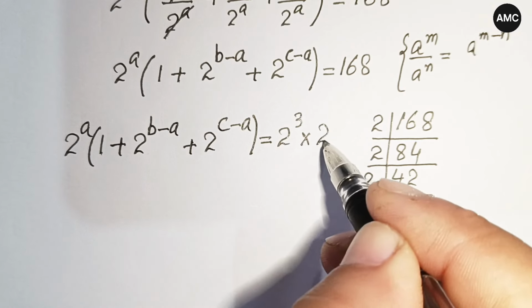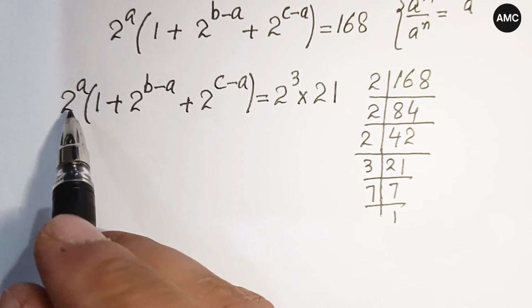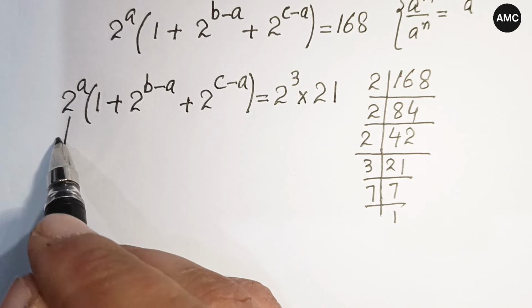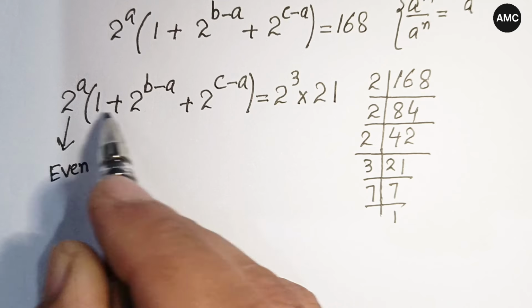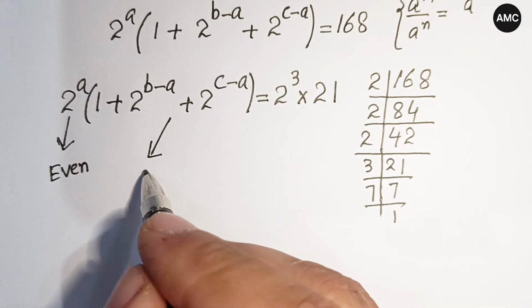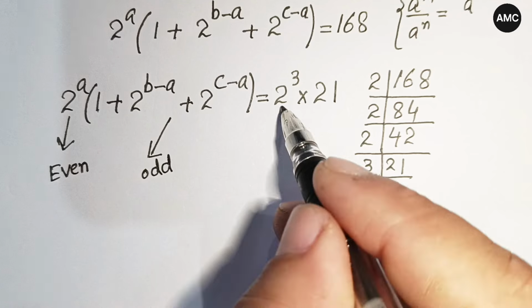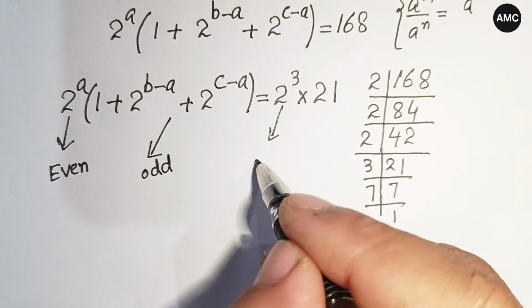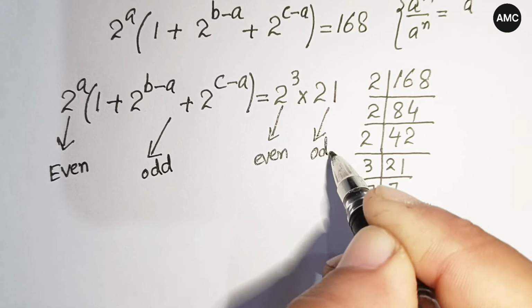Now in this equation we see that 2^a is an even number, so the entire expression inside the parenthesis will be odd. Similarly, on our right hand side, 2 cubed is 8, which is even, and 21 is odd.